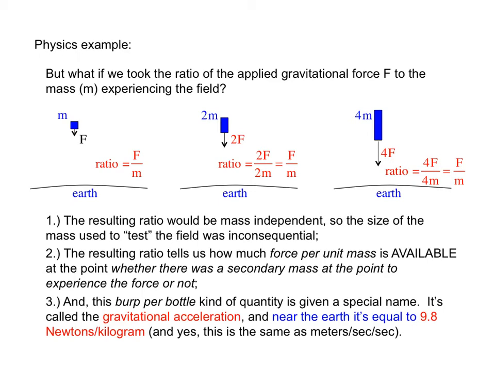But if we had wanted to be more generic about the field, if we wanted to be more primary, more fundamental about the field that the Earth was generating, what we would have been more interested in was how much force per unit mass the Earth was providing to the region around it, which is to say we would have been interested in the acceleration field.